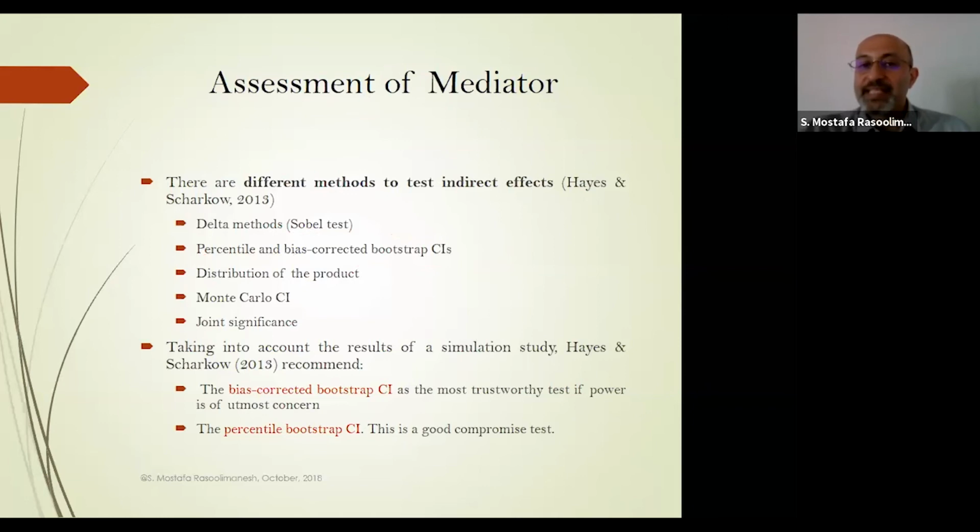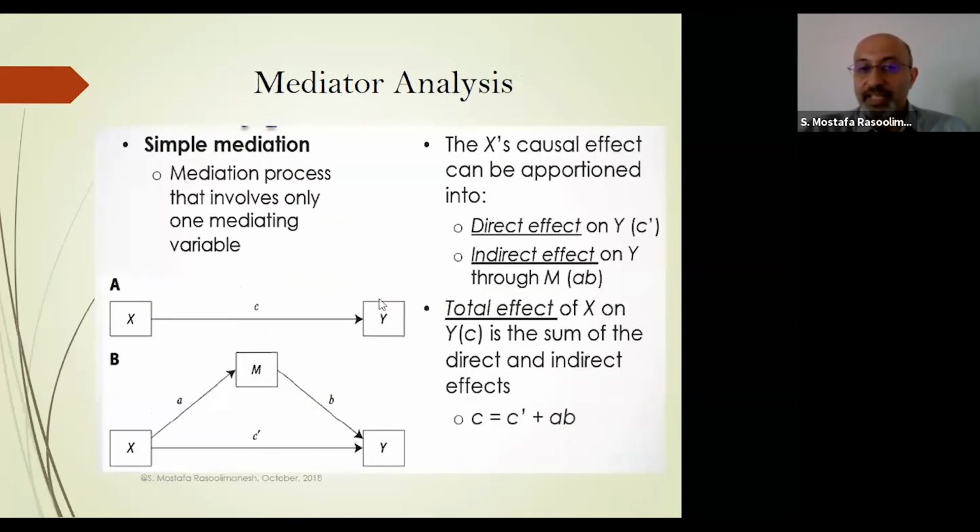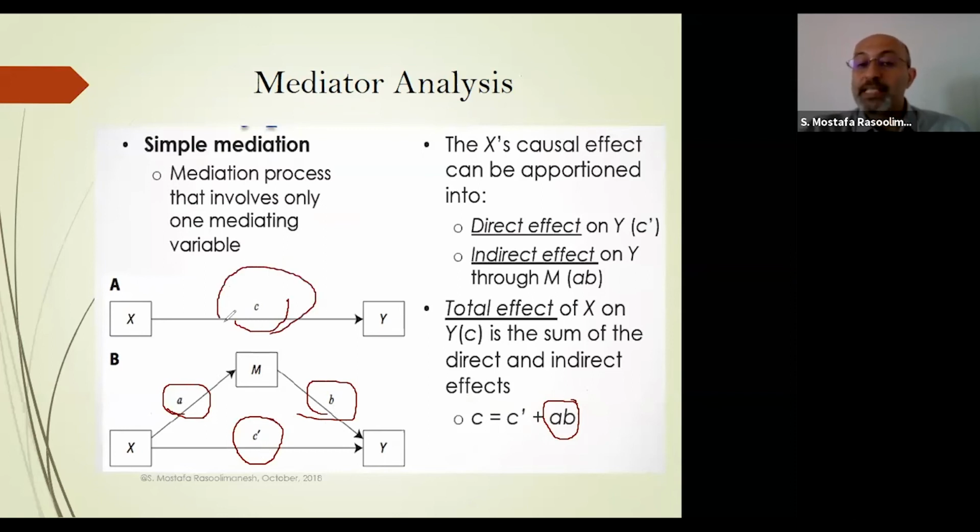You have to assess the significance of the AB term, not A and B separately. You don't need to assess the significance of C, A, and B. Only this term, the indirect effect, and this indirect effect should be significant.